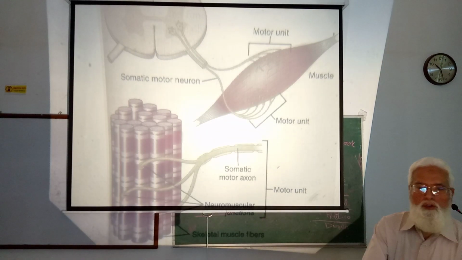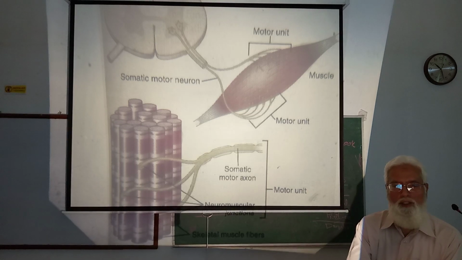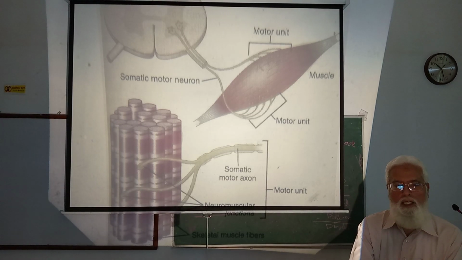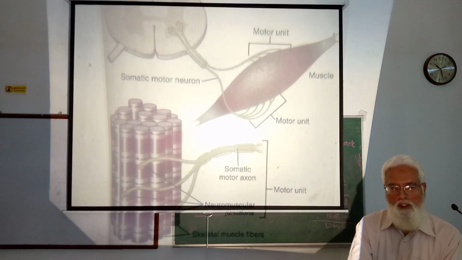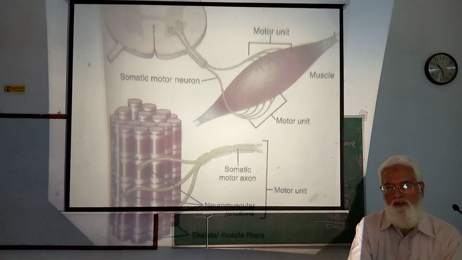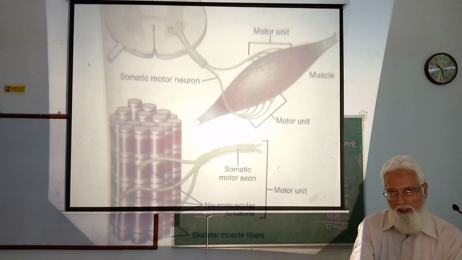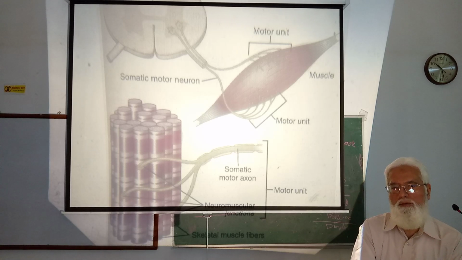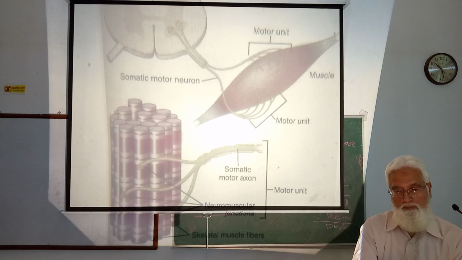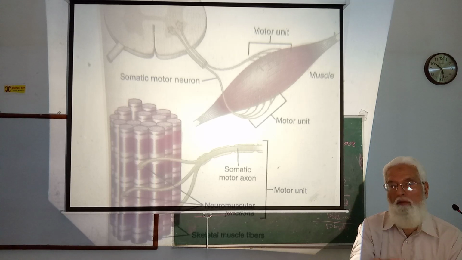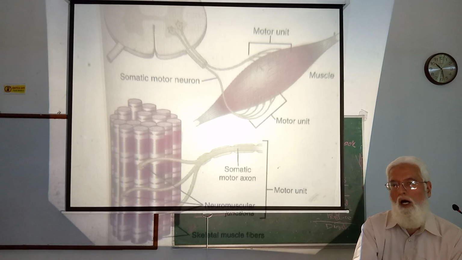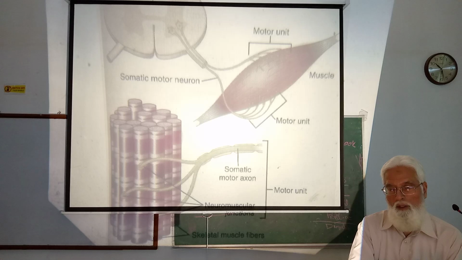I was discussing the macromotor unit, which is seen in patients of poliomyelitis. In these patients, some of the motor nerve fibers supplying the muscle are damaged or destroyed, so some of the muscle fibers supplied by these motor nerve fibers are paralyzed.